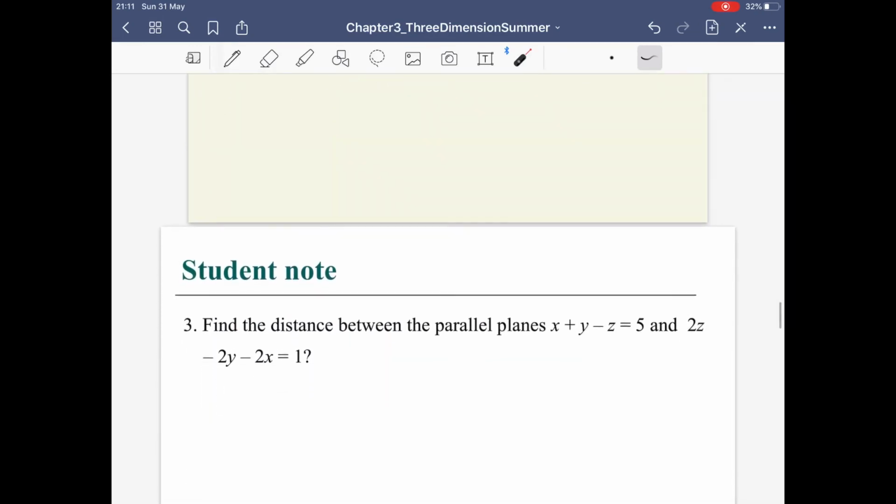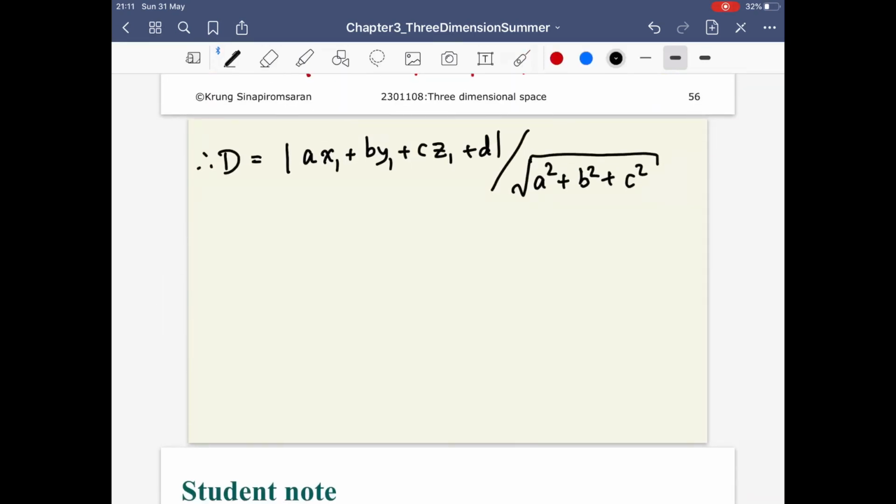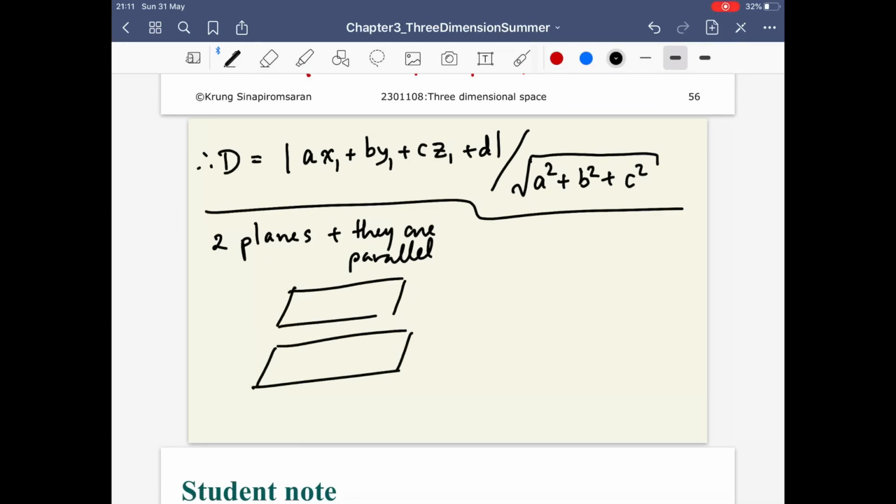So how about the distance between two parallel planes? If you have two planes and they are parallel, you have this one and that one.